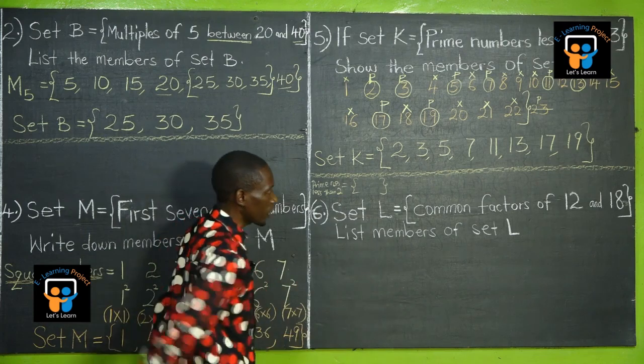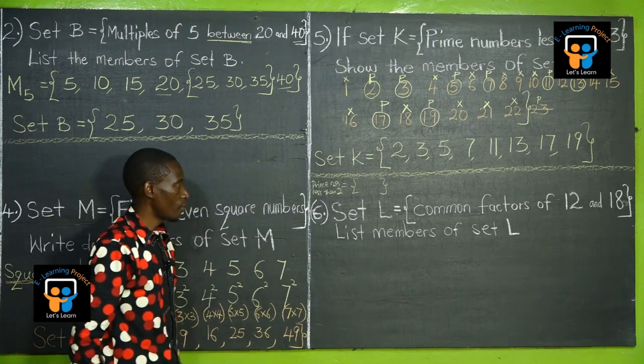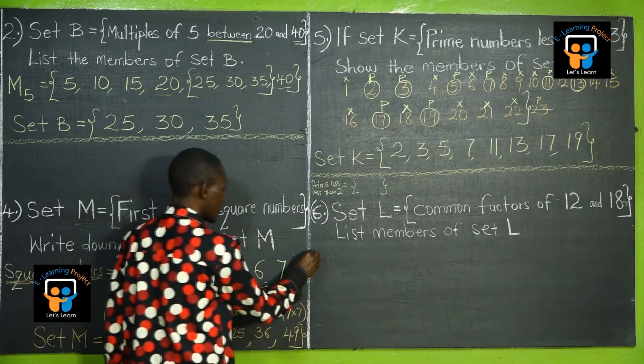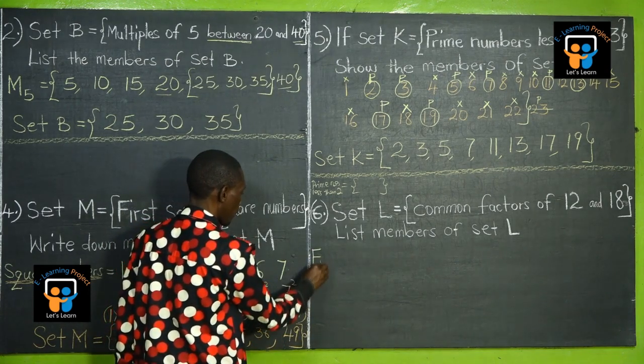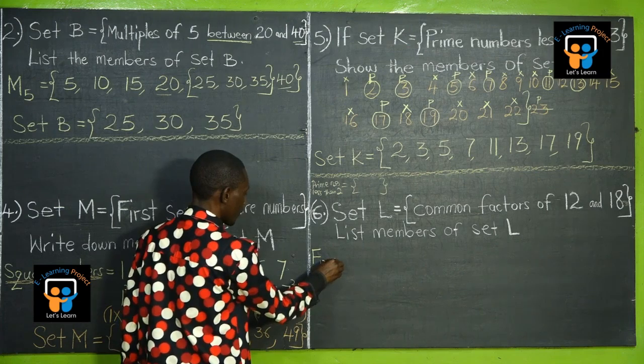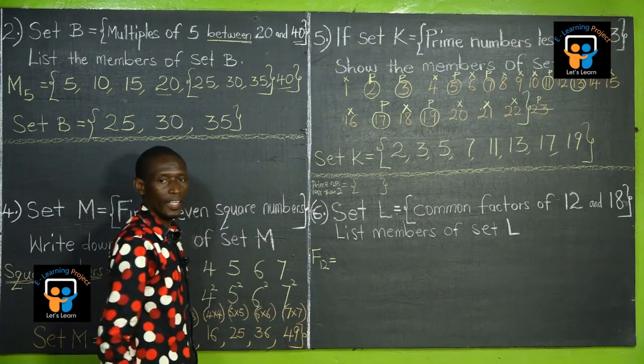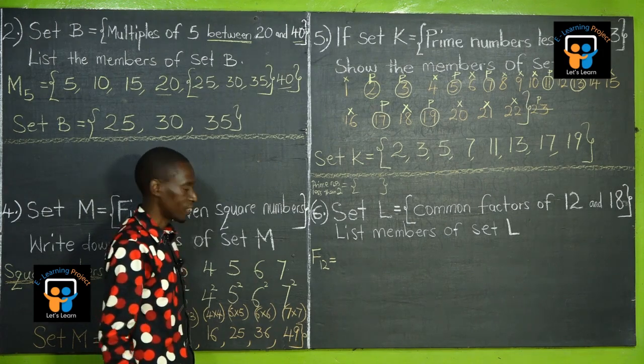How did you find factors of 12 in primary 5? Yes, so we wrote factors of 12. Tell me, how did we do it? Okay, you use multiplication.